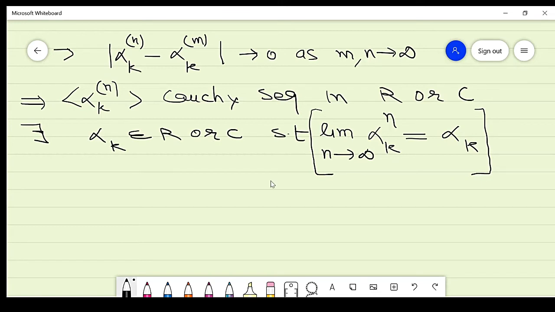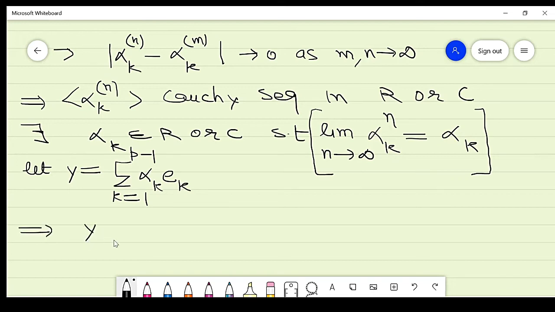So it converges to these values. Also, if I take this y, which is a linear combination of alpha k Ek, where k is running from 1 to p minus 1, clearly Yn approaches y as n approaches infinity with respect to the zeroth norm.